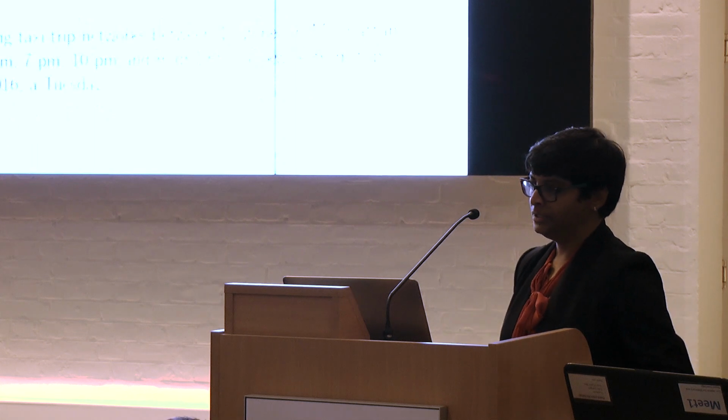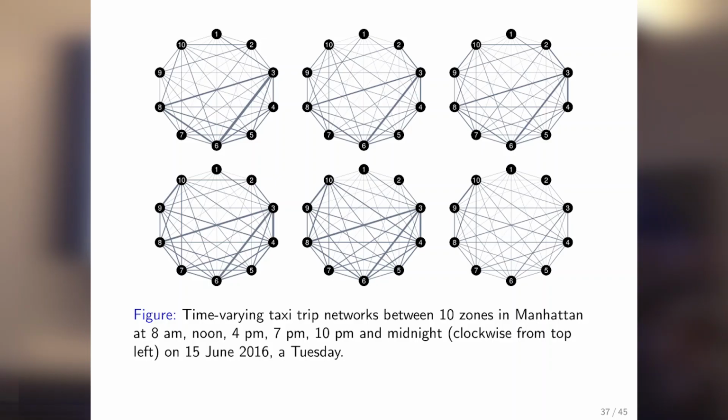So here is a snapshot of a typical working day, where the first one is a network at 8 a.m., the second one is noon, the third one is 4, and they don't show too much variation. But 7 p.m., 10 p.m. and midnight are very different. So it seems people take more taxis at 7 p.m. and 10 p.m. and then it begins to become sparse again.